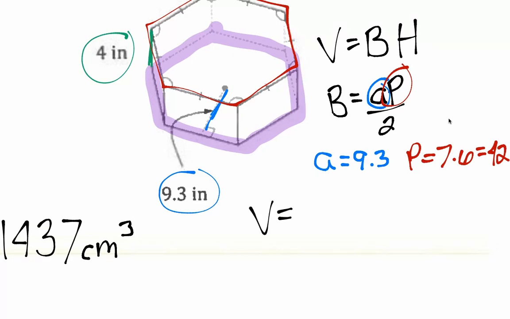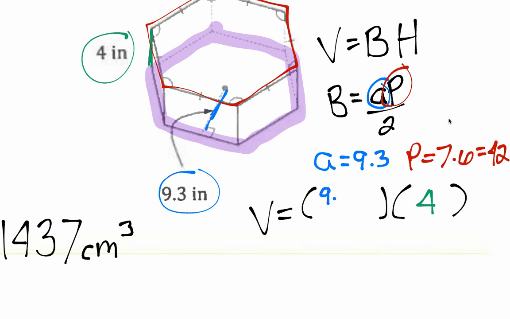So volume equals, I like to put the height in first because it's just pretty straightforward.